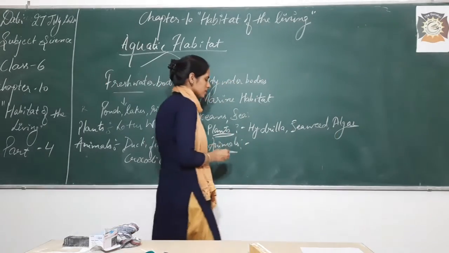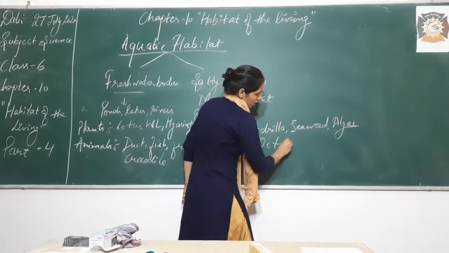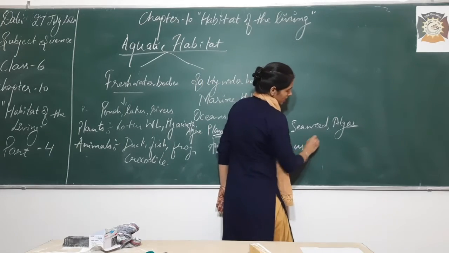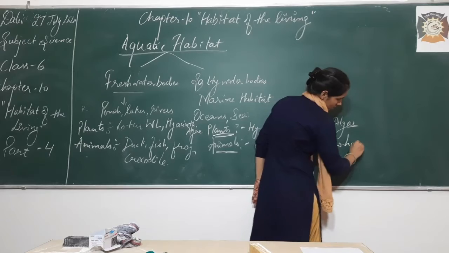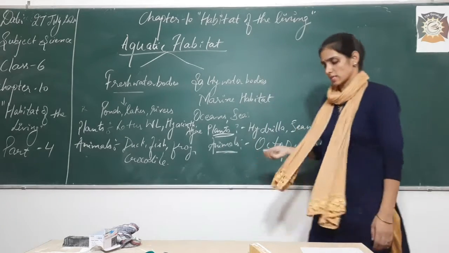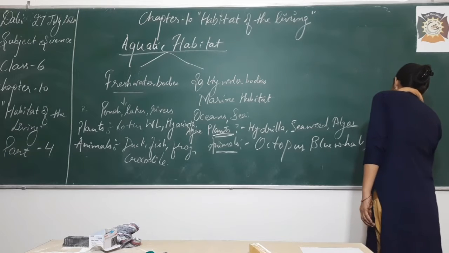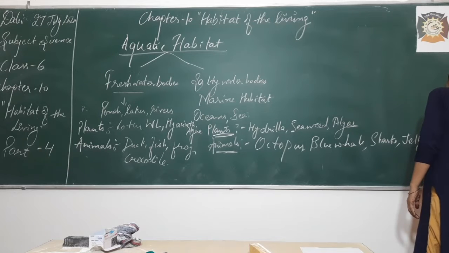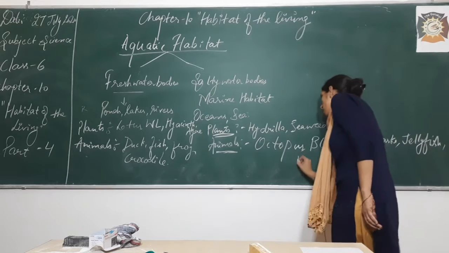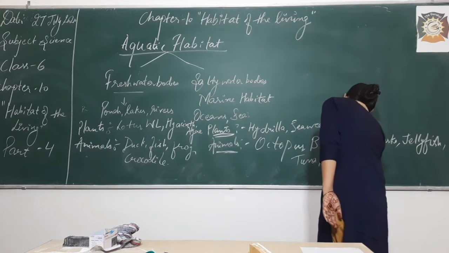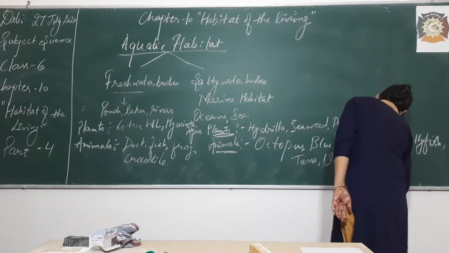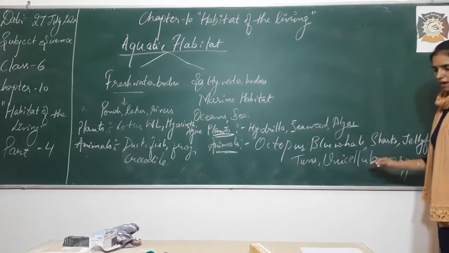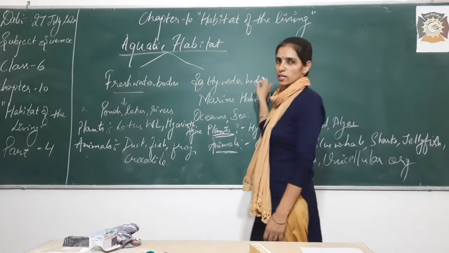And if you talk about animals, these are a number of your favorite aquatic animals: octopus, or you can say blue whale, then the big shark which you are amazed to see, sharks, jellyfishes, tuna, or unicellular organisms. So these are the plants and animals surviving in salty water bodies.